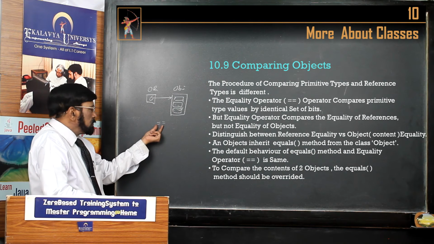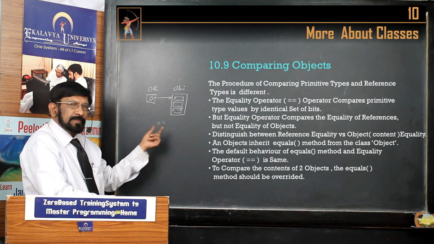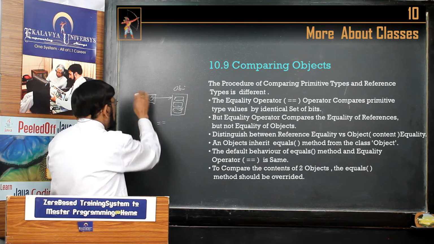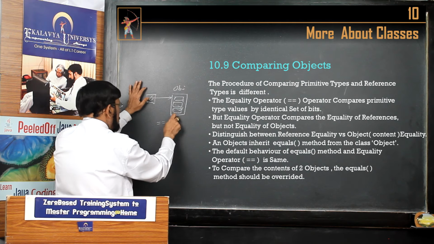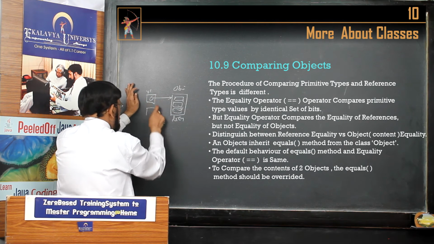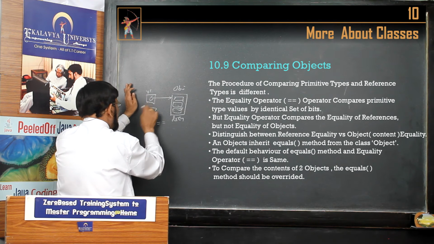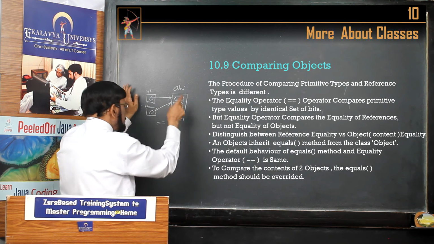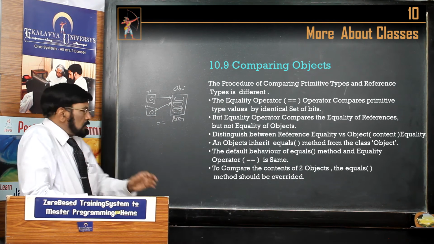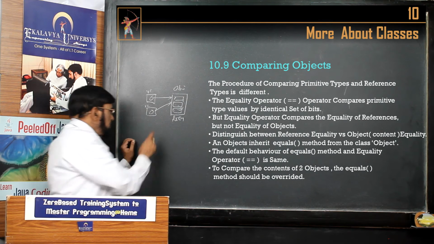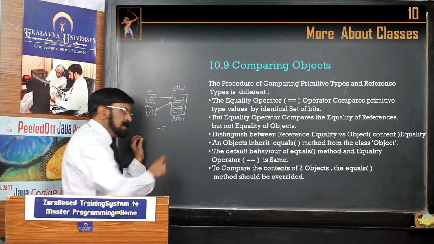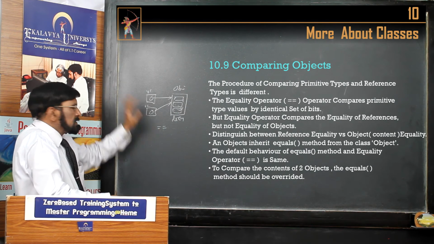Now, the equality operator checks the equality of the references. Suppose we have a room type object. R1 is there, R2 is there, and the two references are referring to the same room. This concept we have already explained many times. In such a case, if we use the equality operator, it compares the equality of references.